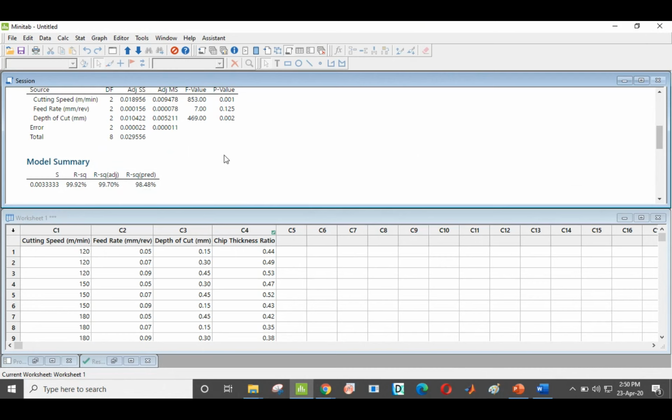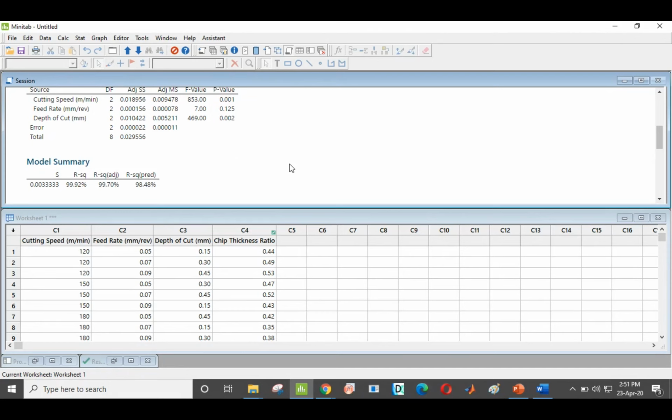The R square value obtained is 99.92. So how are we going to obtain this R square value? Just add the adjusted sum of squares of cutting speed, feed rate and depth of cut, and divide by the total SS.